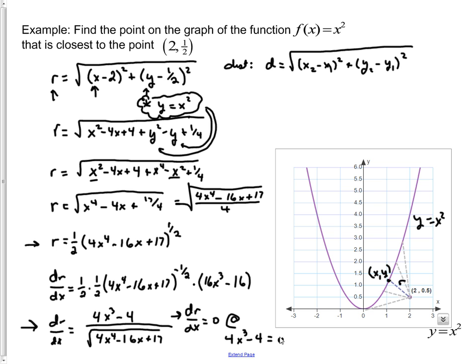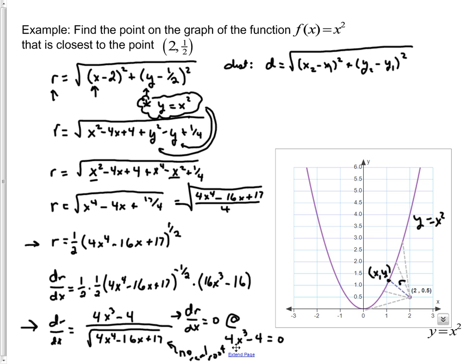I will tell you right now that the denominator has no real roots. How do I know? If I take that denominator and try to set it to 0, over the set of real numbers, I'm not going to find anything that makes this 0.